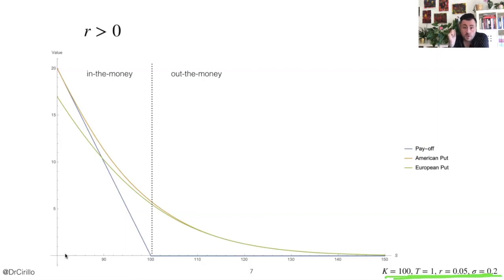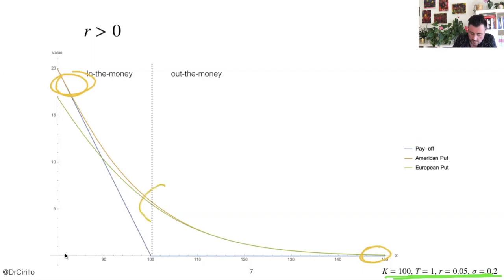What you can see in this graph is something that will become clearer later. It is the fact that not only for this combination of parameters, but for every combination you may want to use, the American put, the orange line, is always above the payoff. It might touch the payoff, for example when you are deep in the money, or deep out of the money, but it is always above.